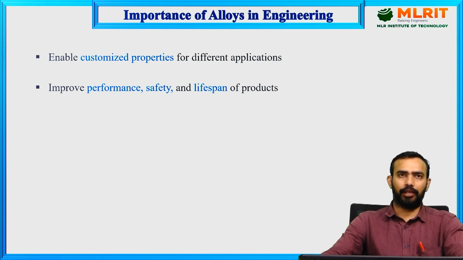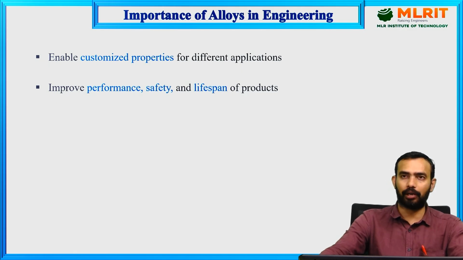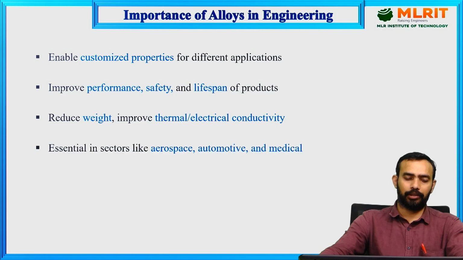It can improve the performance, it can improve the safety of the products, and it can improve the lifespan of the products. So this is what alloys offer to us. And it can reduce the weight, and improve the thermal or electrical conductivity as well.